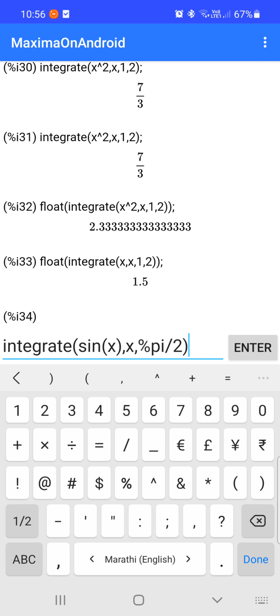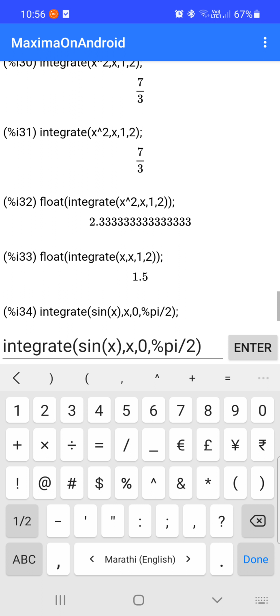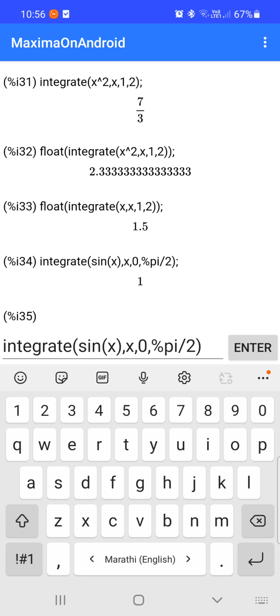We can check here, 0 to pi by 2 is what? It is 1. Now next, we can enter the command pi by using %pi.